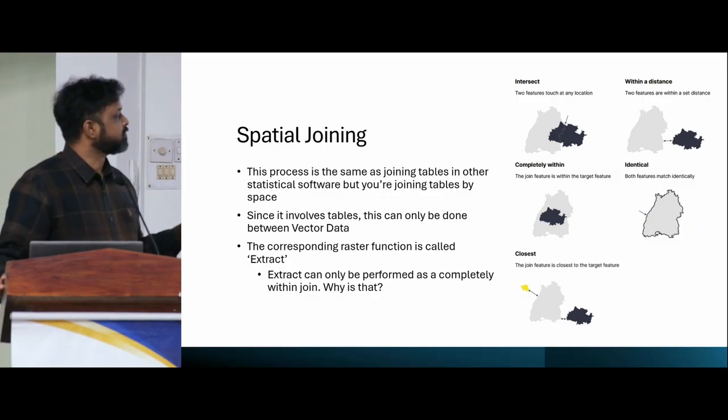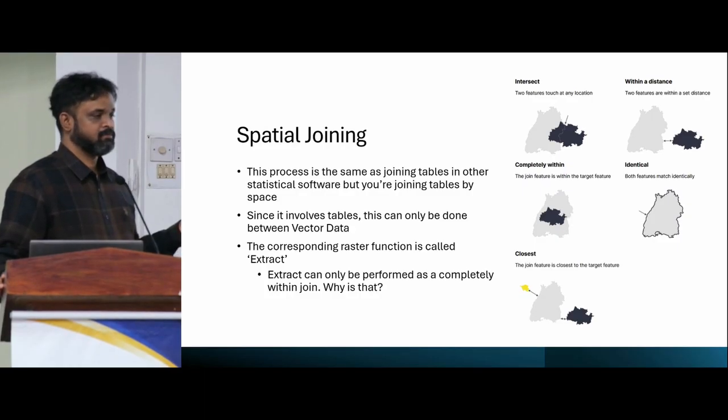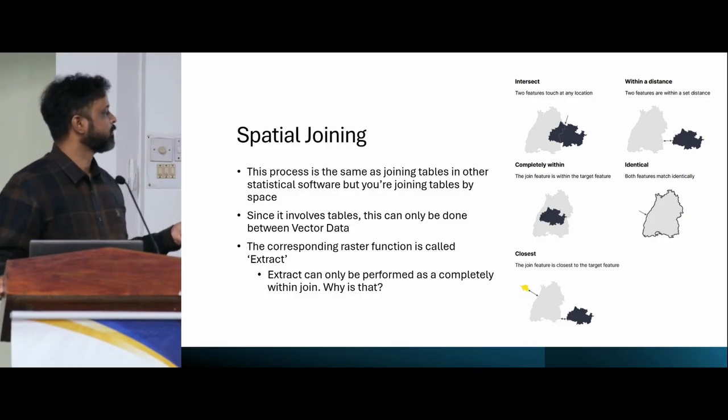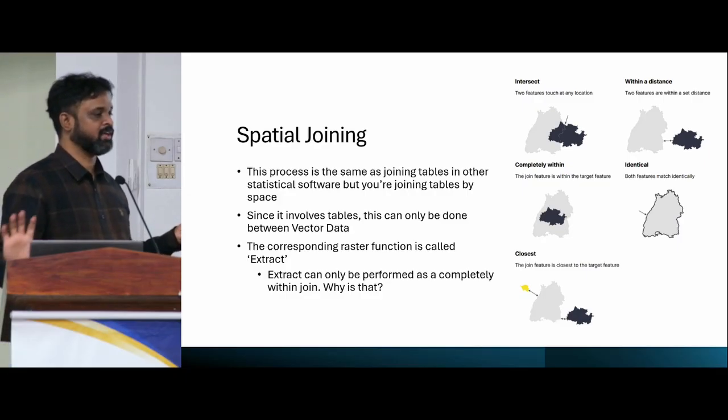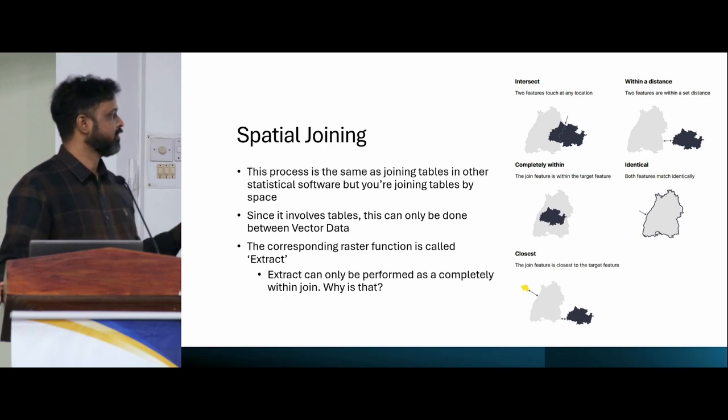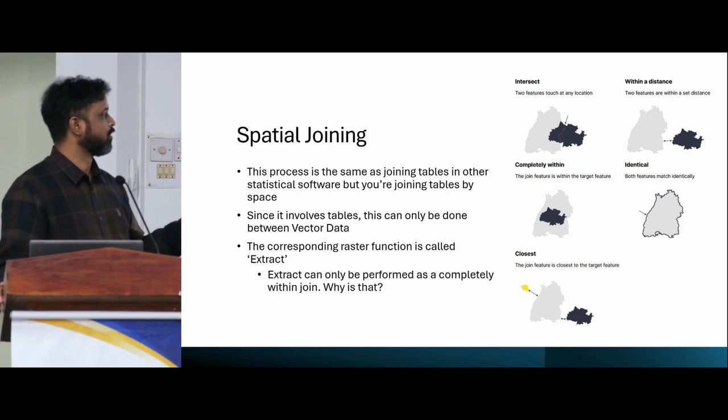Then if it's within a particular distance, then join. So for our Orissa district thing, if we know that it must be in some district somewhere, but we want to take the information from that, then just say intersect or completely within.